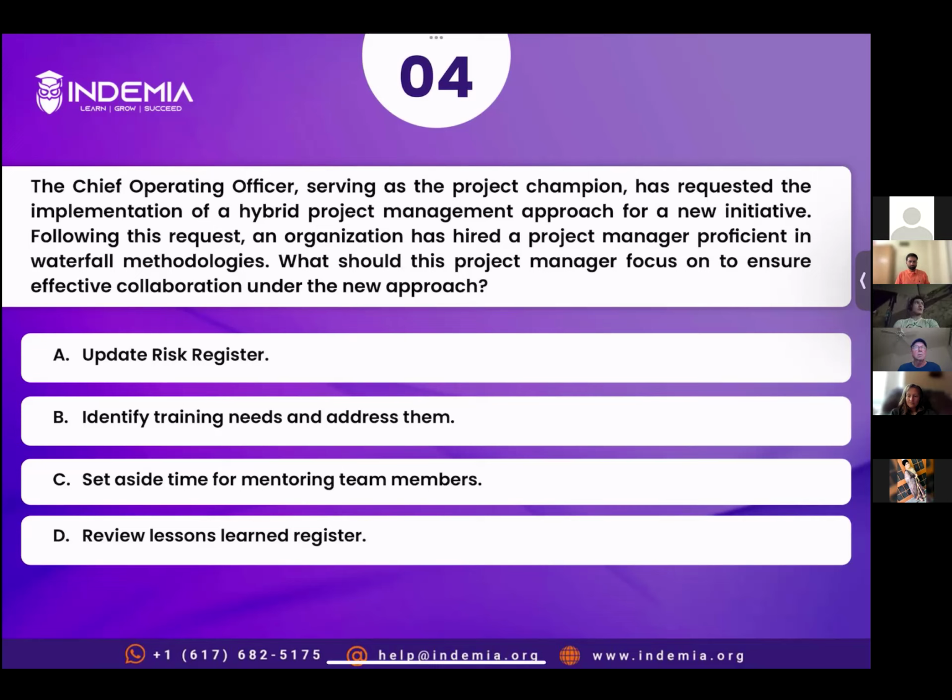I thought that C would be desirable because that would involve a lot of communication and teaching team members, and himself. That's the reason. Thank you. You're saying we need to transition to a new methodology, so mentoring would be helpful.